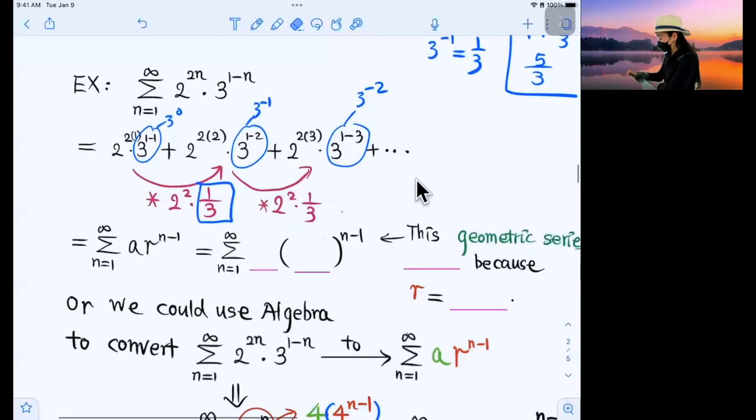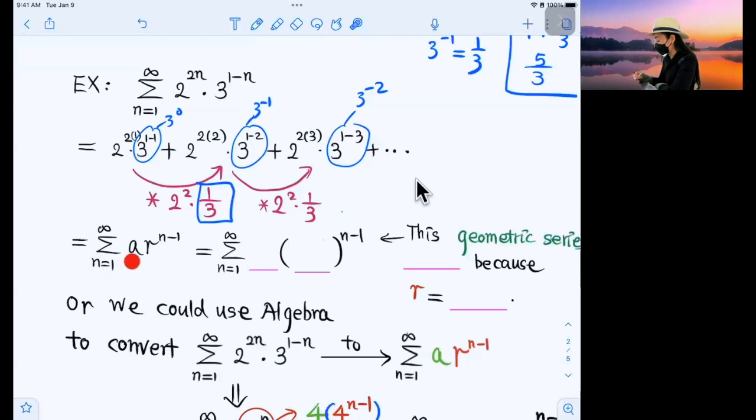Now, from here you figure out the common ratio. You should be able to write this geometric series using sigma notation. This is the general form of the geometric series: A times R to the n minus 1. What's the A in this case?